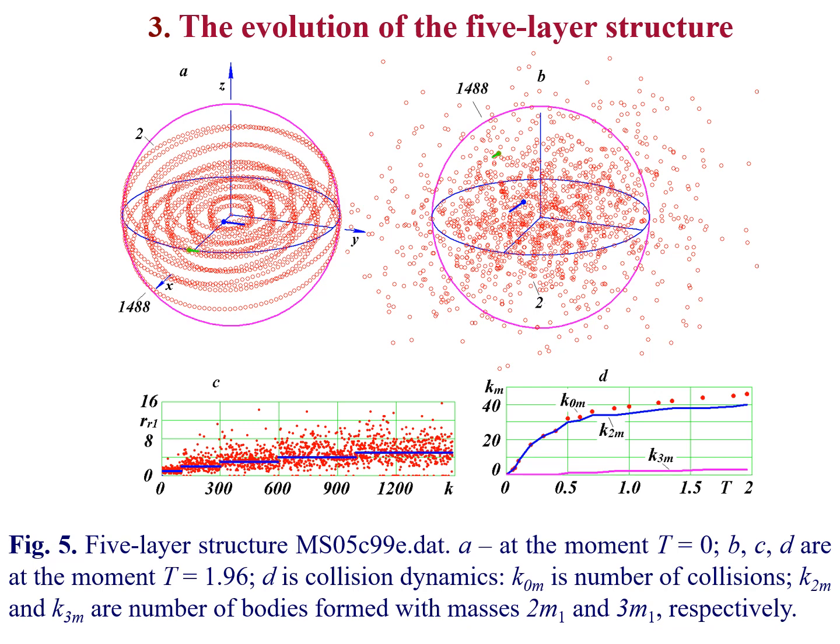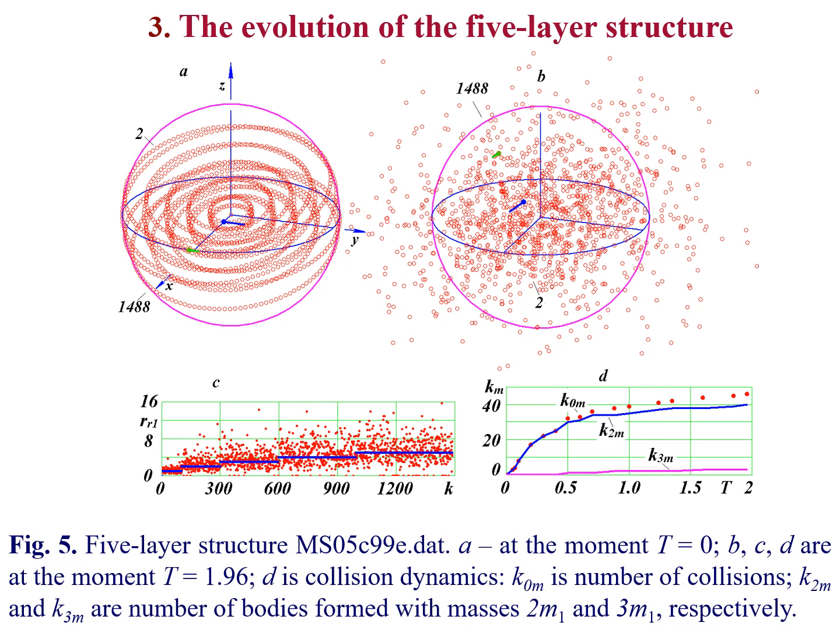As a result of solving the n-body problem by the program Galactica, the structure in figure 5b was obtained. It shows the structure at the moment of 196 revolutions of the body of the first layer.